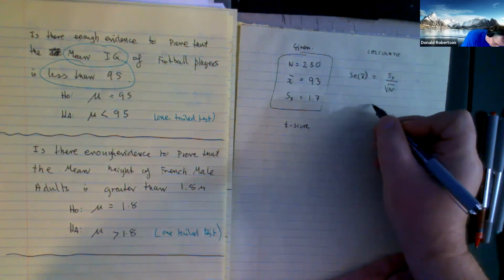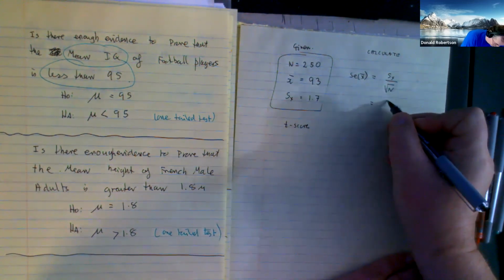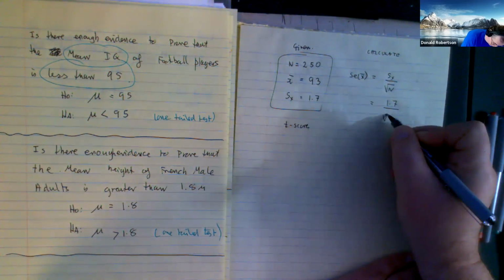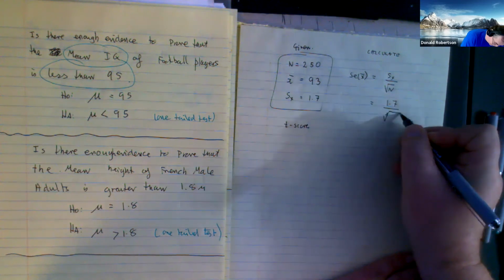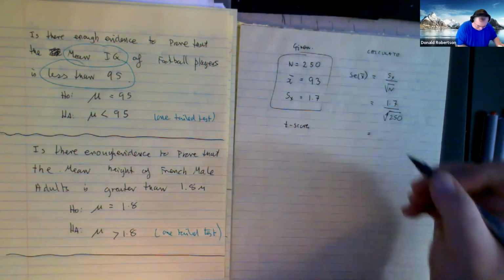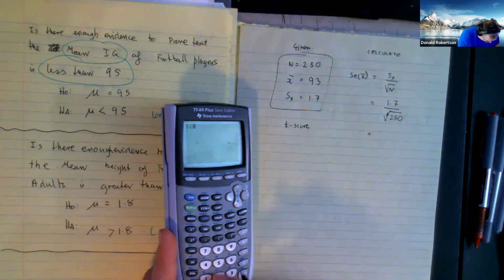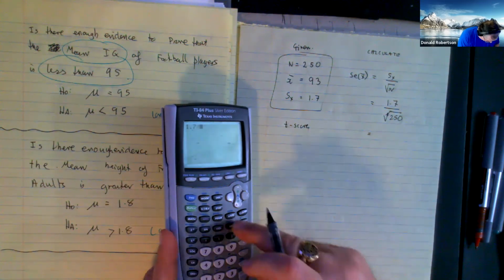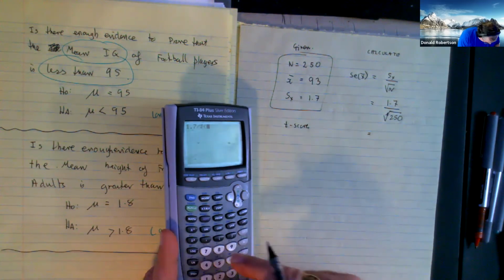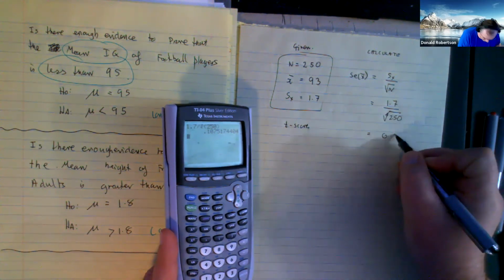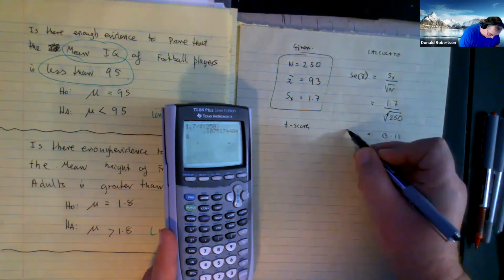So in this case, it would be 1.7 divided by the square root of 250, which ends up being 0.11 to 2 decimal places.